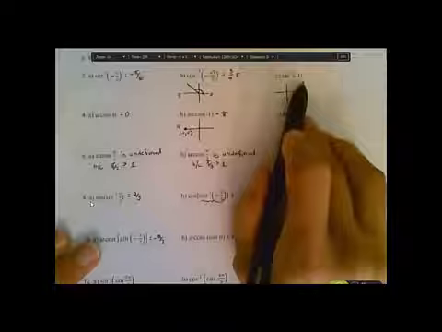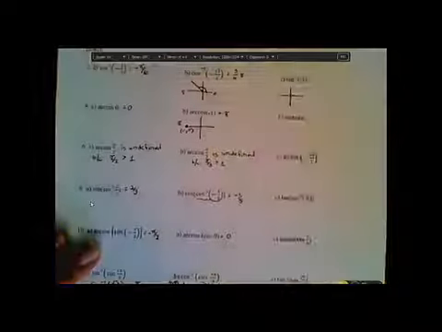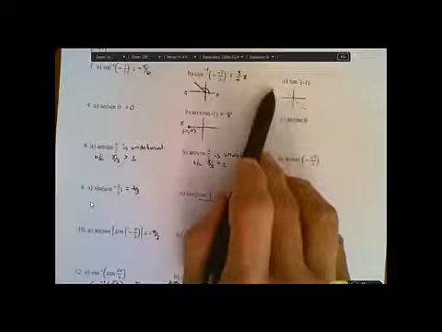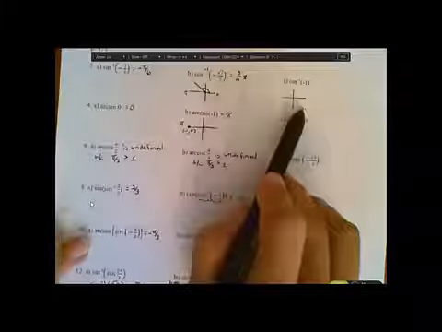I want the angle whose tangent is -1. Well, that happens in the second quadrant, and it happens in the fourth quadrant, where you have a negative divided by positive, or a positive divided by a negative.